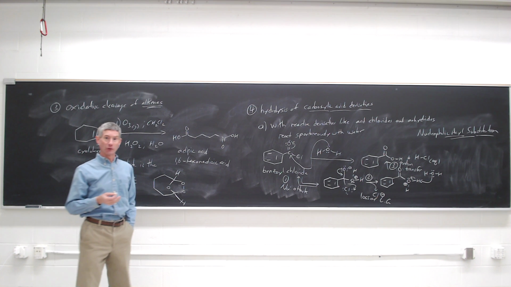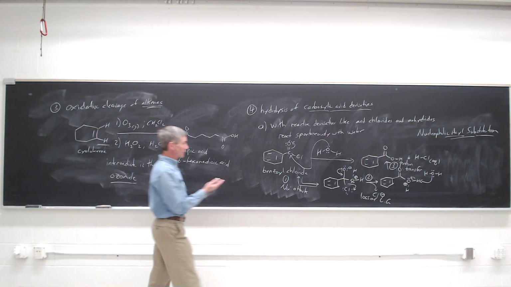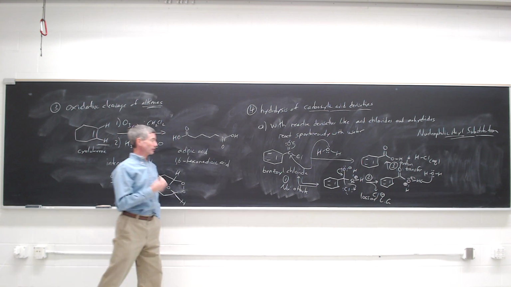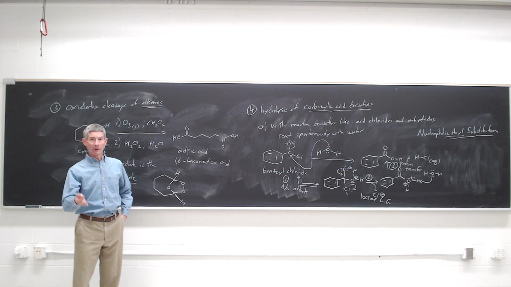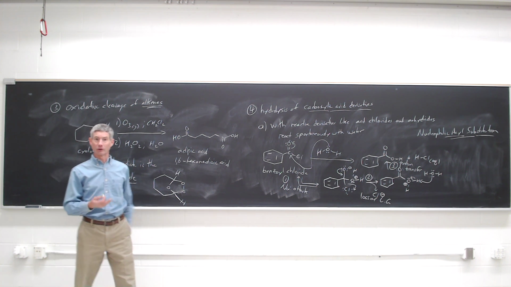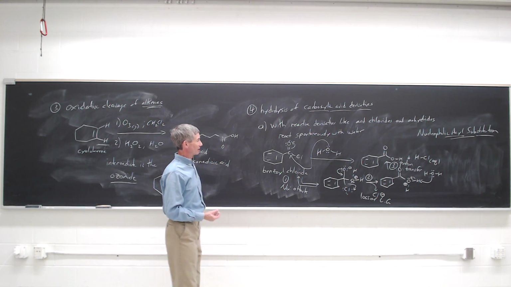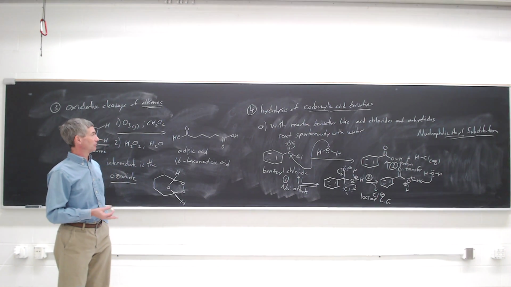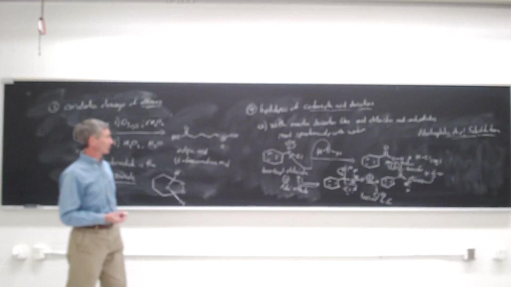Instead, it donates into an anti-bonding pi orbital, breaks the pi bond, and in the second step, the group leaves. So, nucleophilic attack, loss of leaving group, and then since the nucleophile is neutral in this case, in order to get a neutral product, we need a proton transfer. There's often a proton transfer in base-catalyzed reactions with acid derivatives as well.